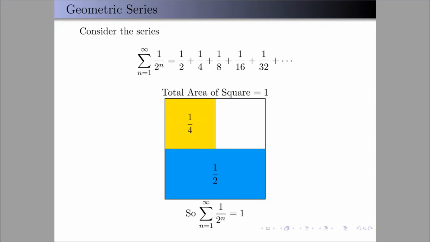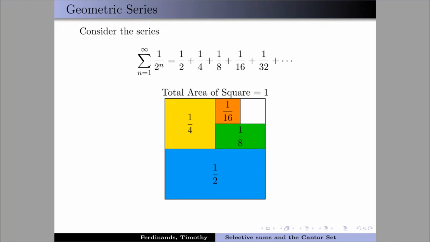Now the next term is area 1/4. So we can put that one in there too. The next term is 1/8. And the next term is 1 over 16. And so you can see that then 1 over 32 is going to be half of what's left in that square there. 1 over 64 is going to be half of what's left.